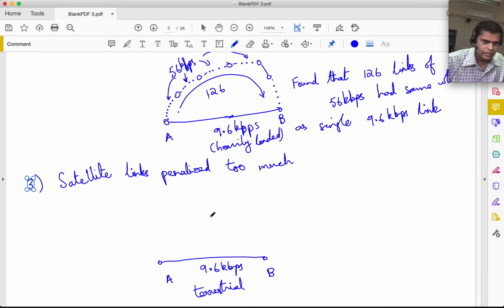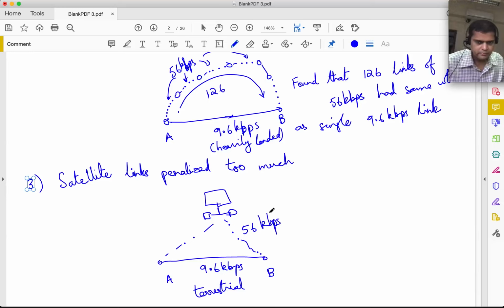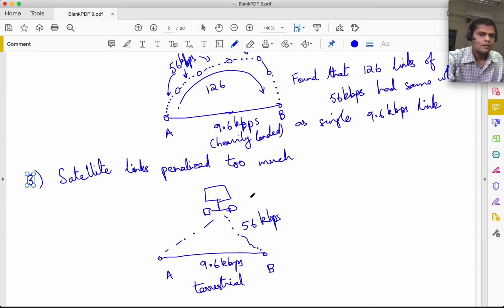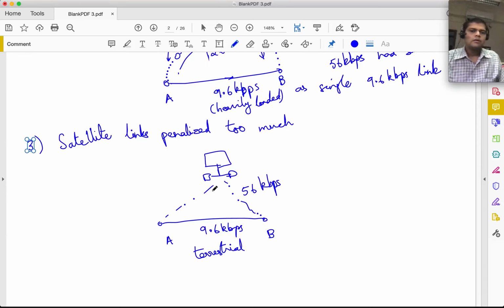But here let's say that we have a satellite link, and this is 56 kbps. Now here they found that the 9.6 kbps terrestrial link actually had less weight than this 56 kbps link under certain conditions. And why is that?